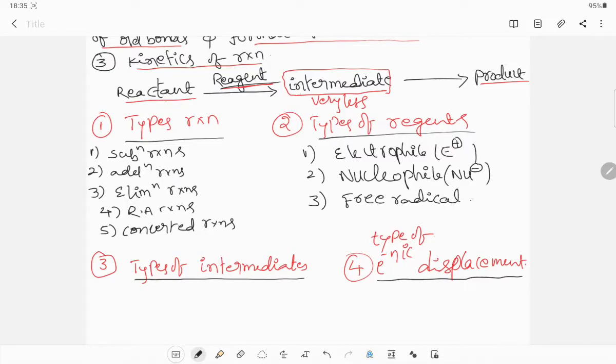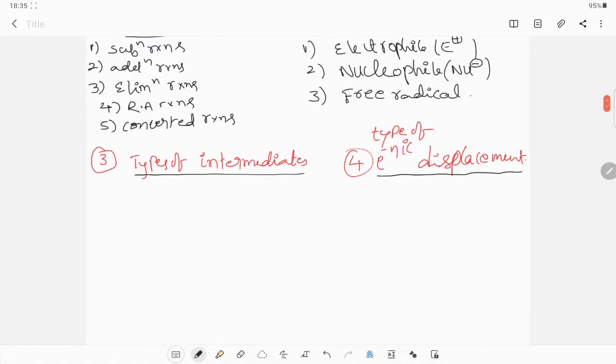These are the types of reagents we can use in the reaction. Next one, what type of intermediates may form? One is carbocation, another is carbanion, and another is carbon free radical.